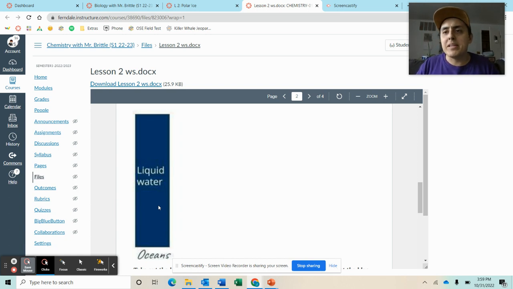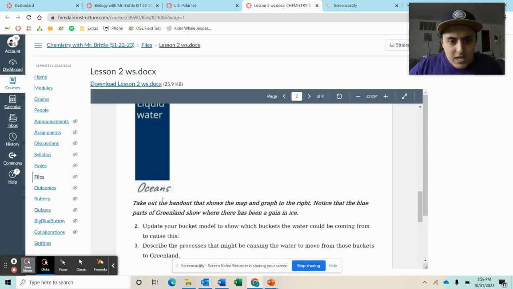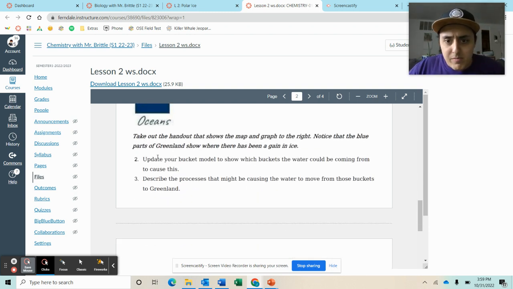It does not make a big difference on sea level rise because that sea level is already risen, however much that ice would displace the water. Let's see, update your bucket model. That's kind of what that was. That's the explanation that you would put up there.